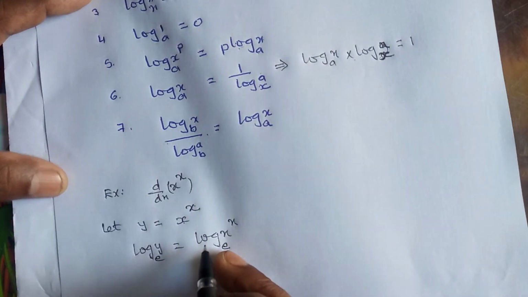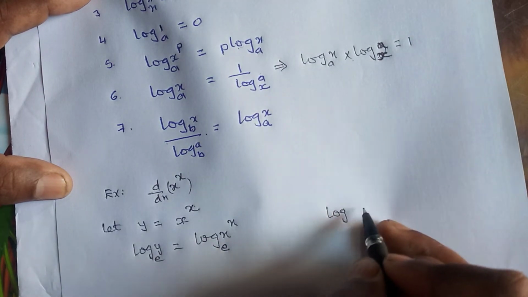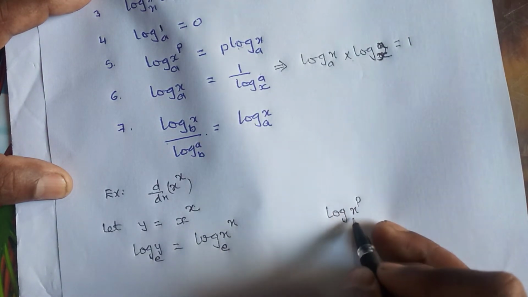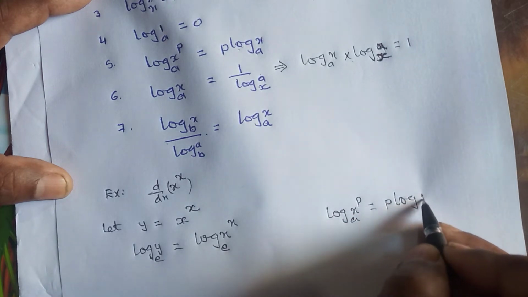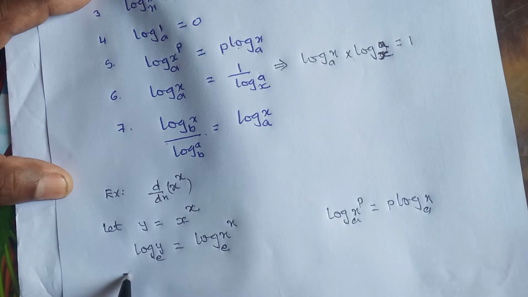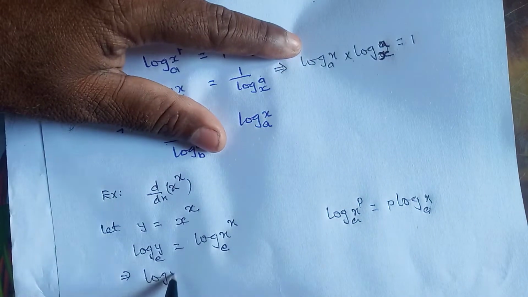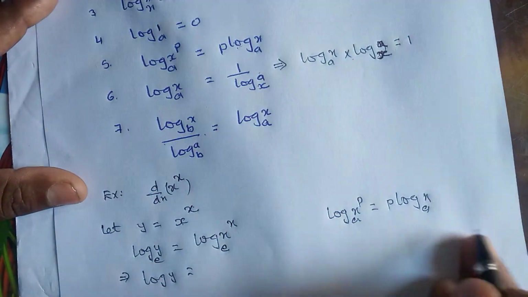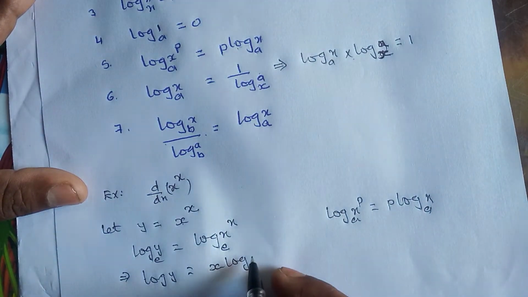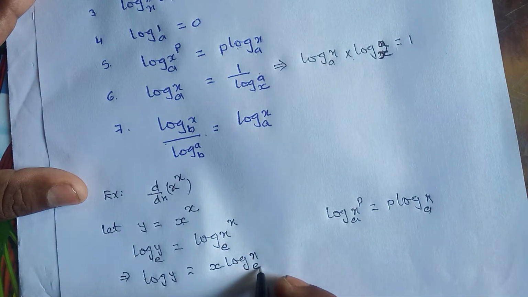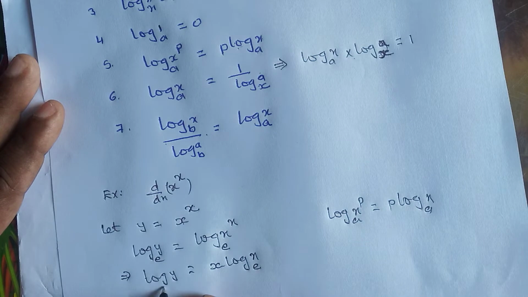To remove the power, you can use log x to the power p to the base a equals p log x to the base a. So, log y equals x log x to the base e. Now here also log, and here also log.